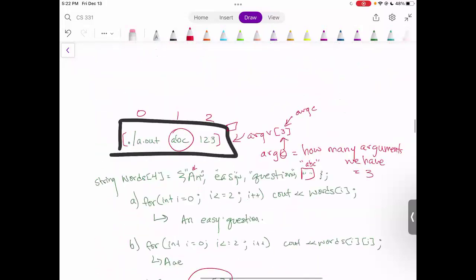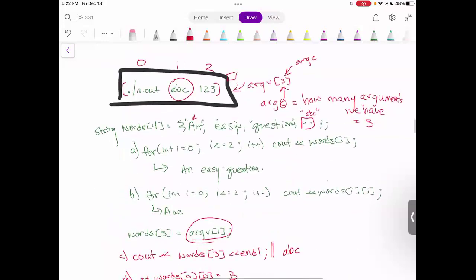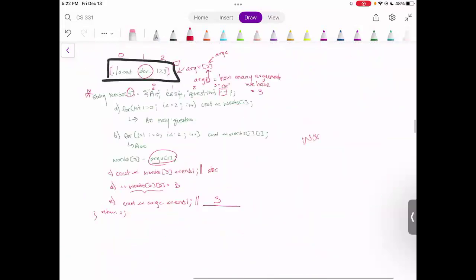Correct. And it's just like in an array. Here's an array right here. The capacity is 4, but the indices are 0, 1, 2, 3. So if I say here, let me put on the side, words dot length or words dot size, both of these would equal 4.